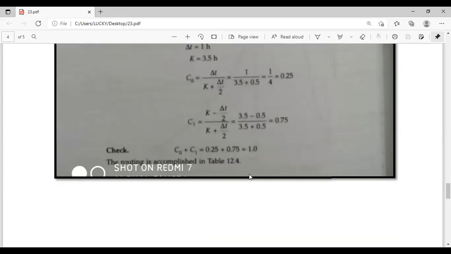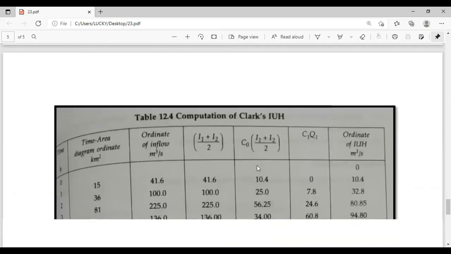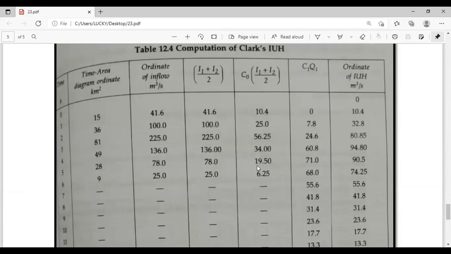The routing is accomplished in table 12.4. Here, guys, the time is 0 hour, 1 hour, 2 hour, 3, 4, 5, 6, and up to 17 hours. Here, the time area diagram ordinate in kilometer square from the figure is 15, 36, 81, 49, 28, and 9.